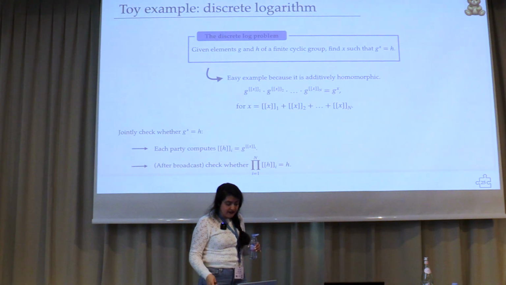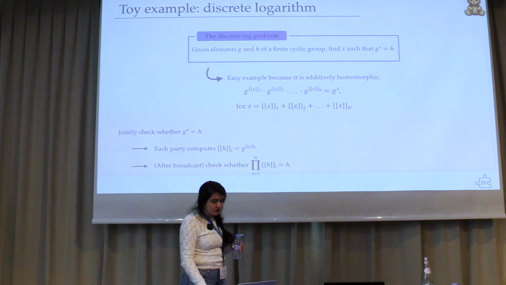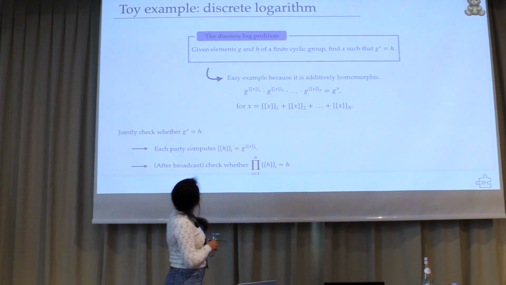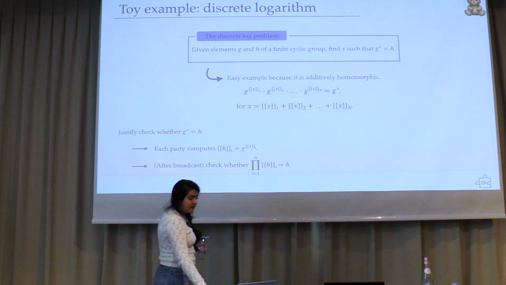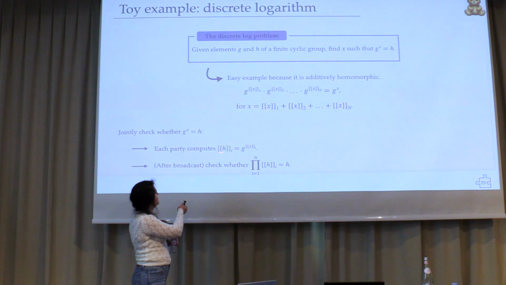So to jointly check whether g to the x is equal to h, you just need to have each party compute this hi, a value obtained by putting g to a share of x.